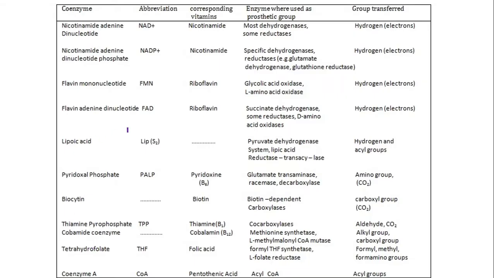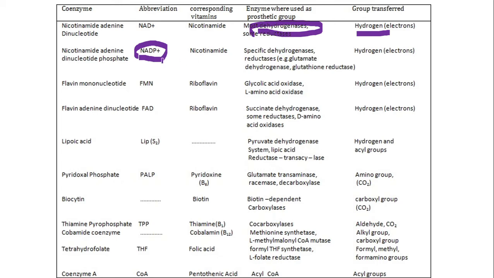This is another one. You see, nicotinamide adenine dinucleotide is NAD. NAD is a very important coenzyme and it is acting as a hydrogen donor or recipient in dehydrogenation reactions. You might have heard of the class of enzymes called dehydrogenases. It's given here also. And NADP is meant for specific dehydrogenases because that's also carrying hydrogens or protons.